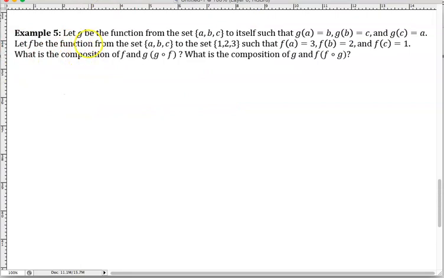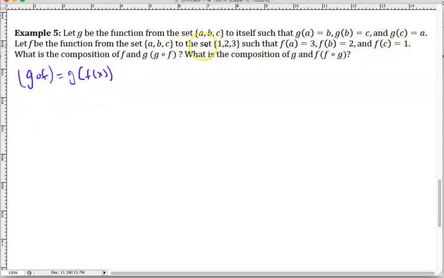Let's look at one more. So let's have g be the function from set ABC to itself with that rule. And f is from the set ABC to 1, 2, 3 with that rule. And let's find a composition of f followed by g. So we're going to do g of f, which is g of f of x. Well, let's see if they work, and if they work, then we do them. So for g of f of x, we're starting with the inputs for the f function.